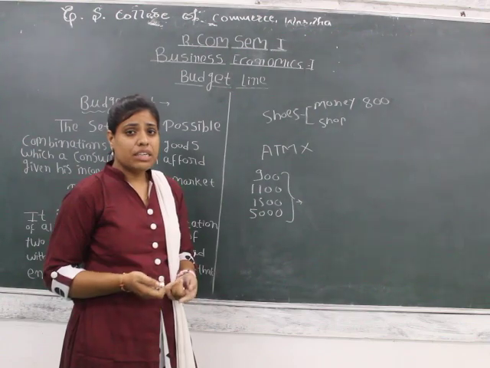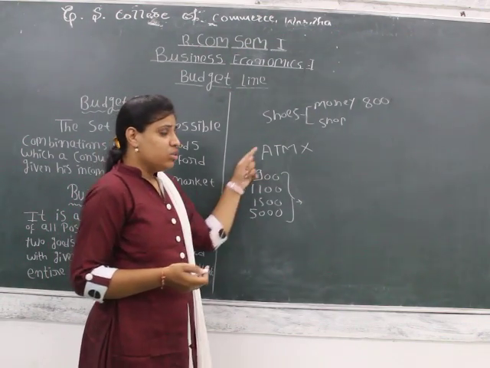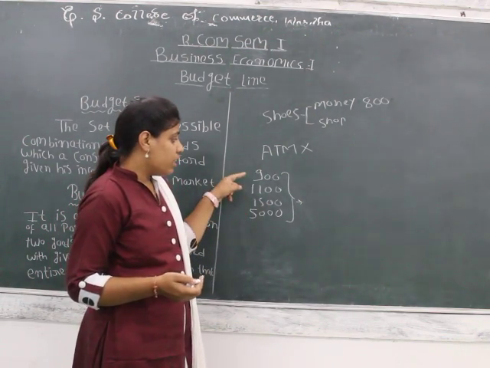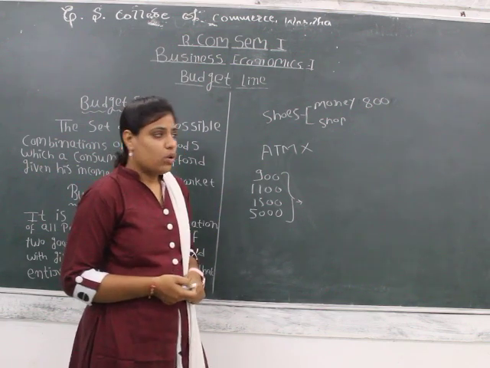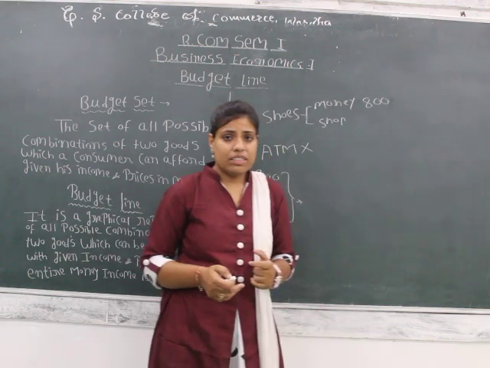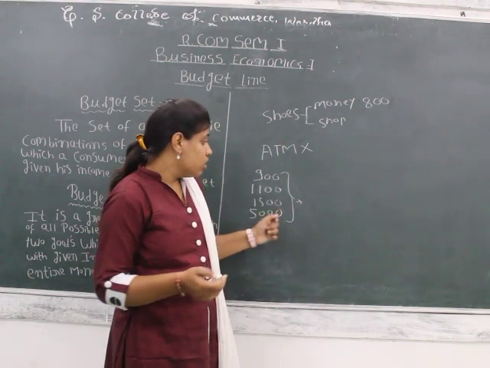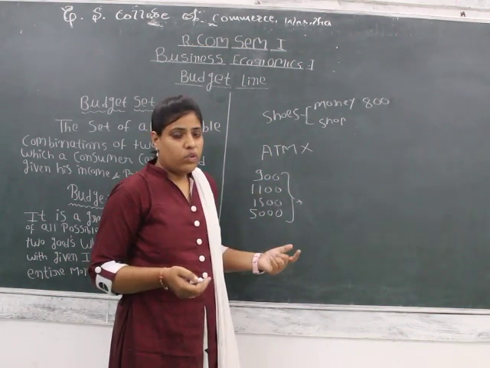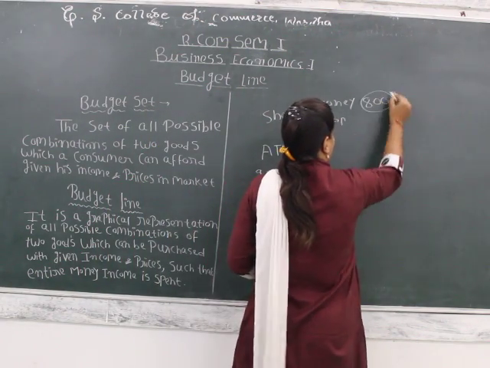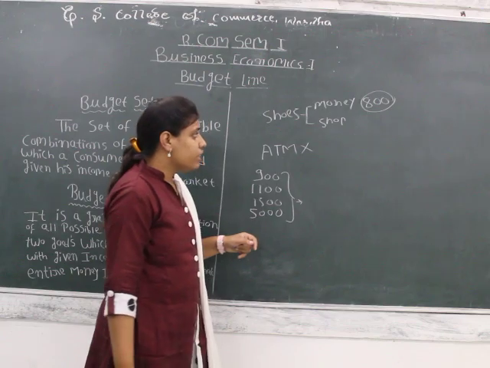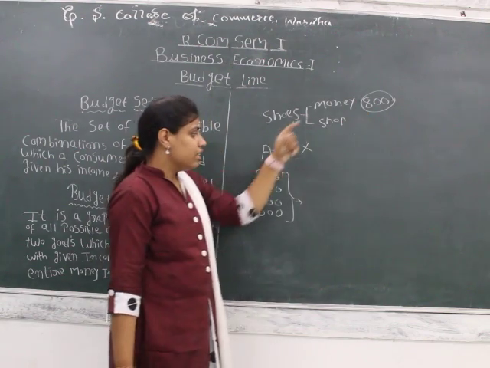You like those shoes which are costing 900, 1100, 1500 and so on. Can you buy this pair of shoes? Of course not. Why? Because the money you have for spending on this commodity is less than the price of this commodity.